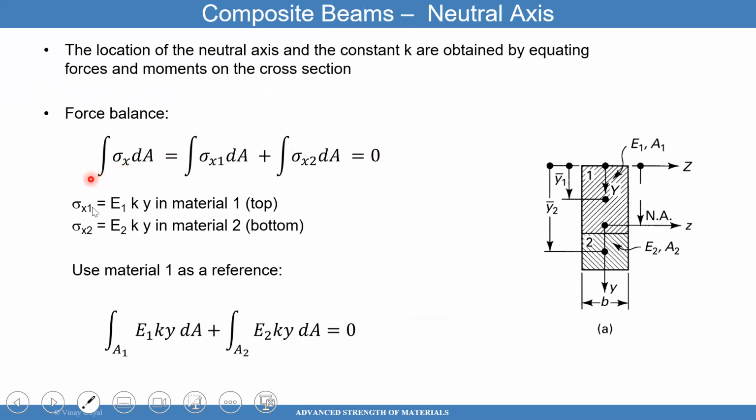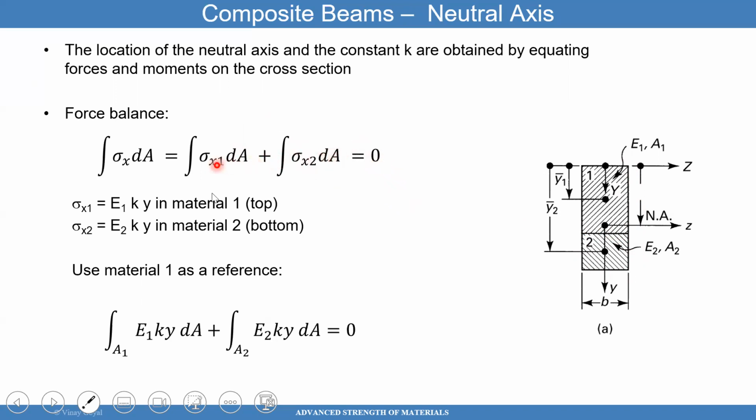We'll first apply force balance. Again, out of the plane of this page, there is no resultant stress. So the integral of axial stress for part 1 plus the integral of axial stress for part 2, that summation has to be 0.